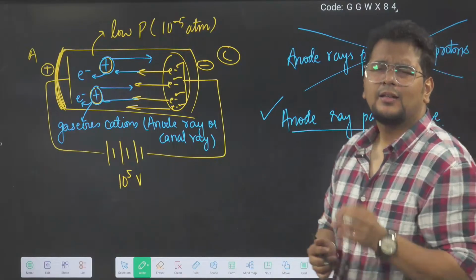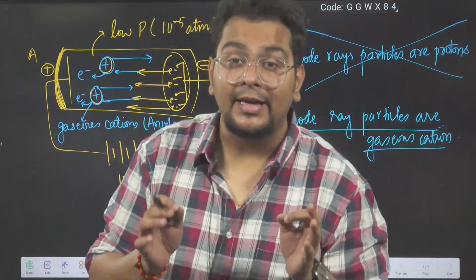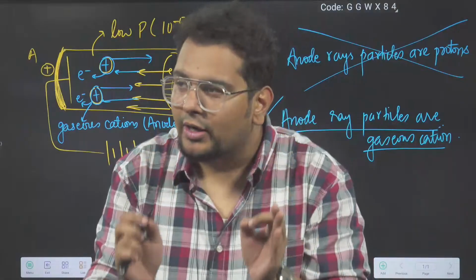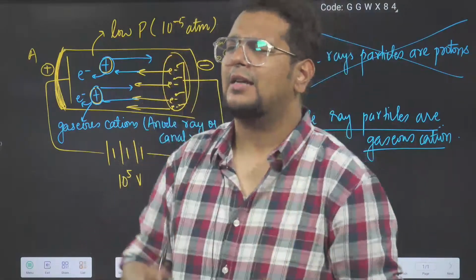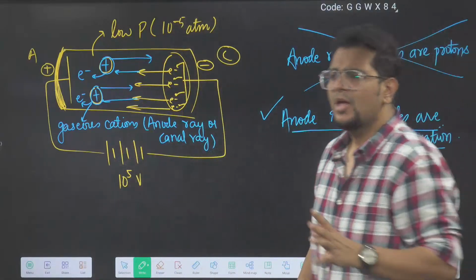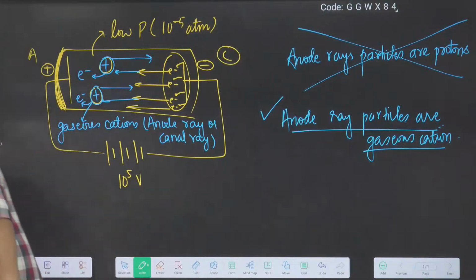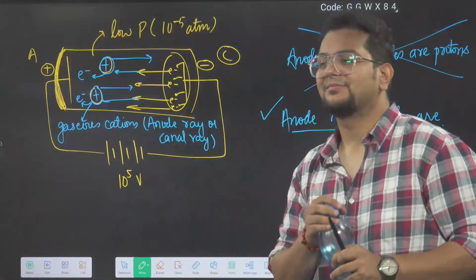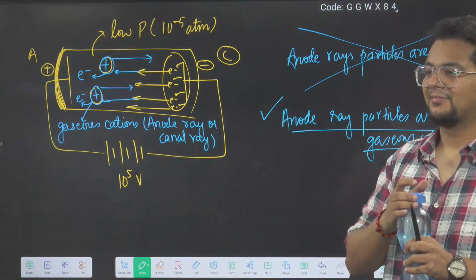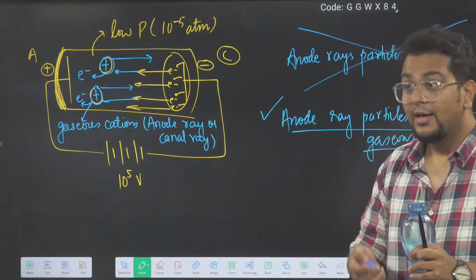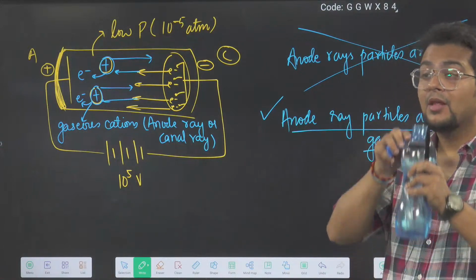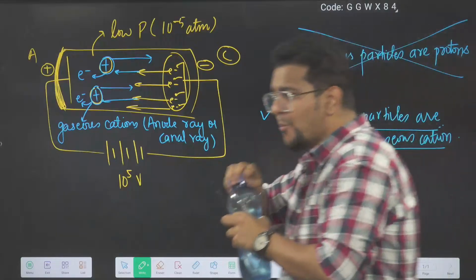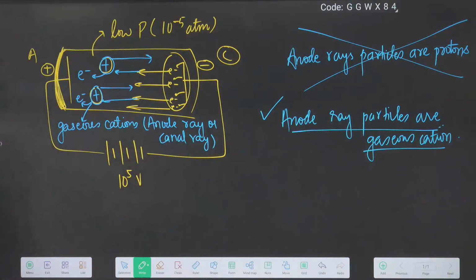Last class we said cathode rays. Cathode rays originate from where? From the cathode.